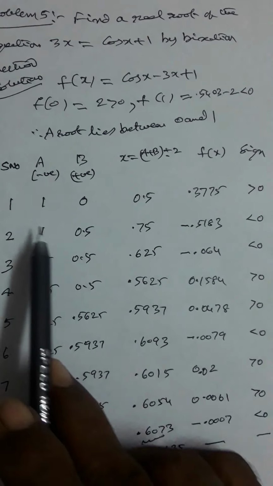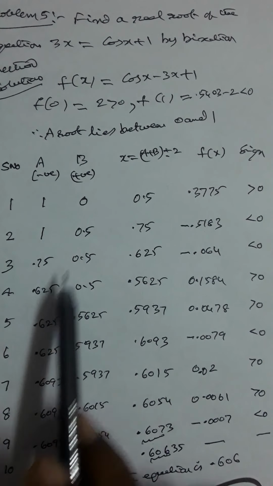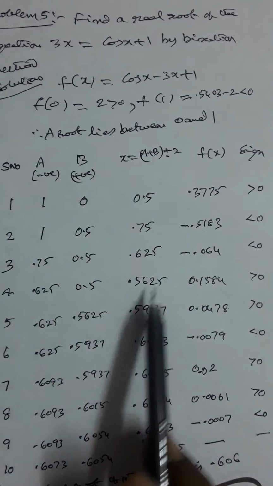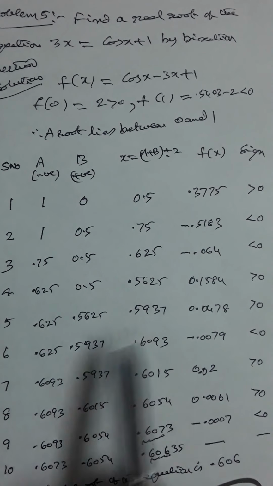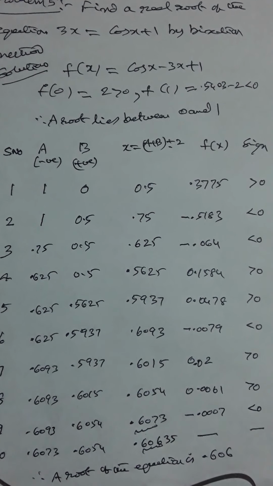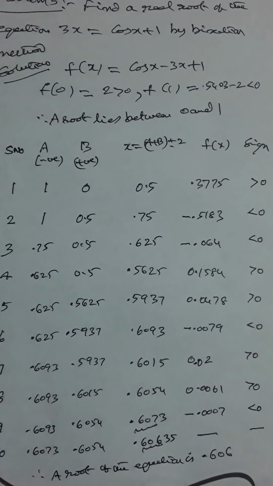You write this value as A. B as it is. Find the x value and function value. Like that you find the values here. After 3 decimals the values are equal. So a root of the equation is 0.606.